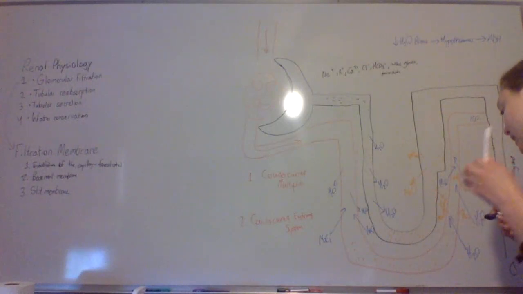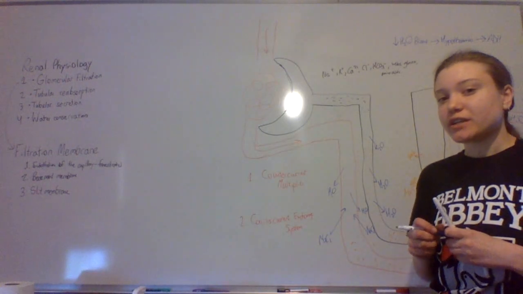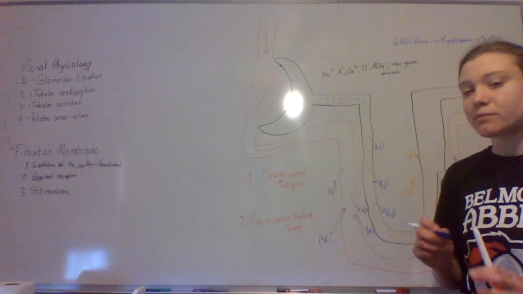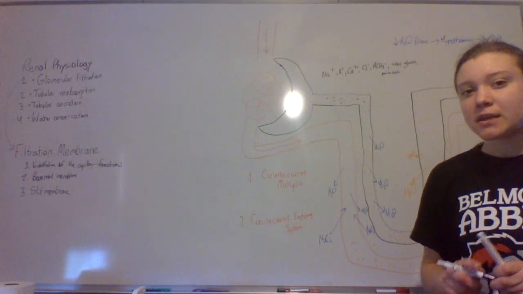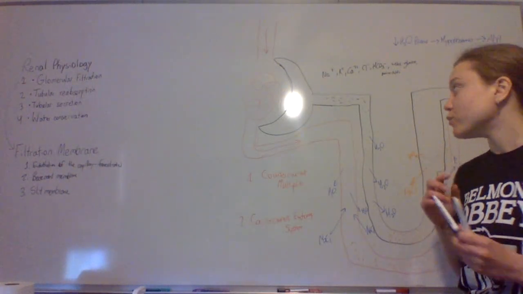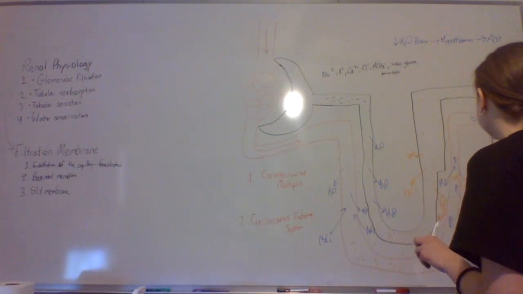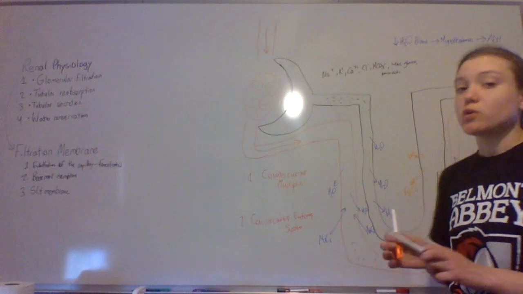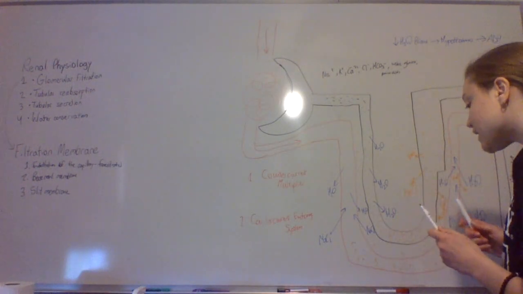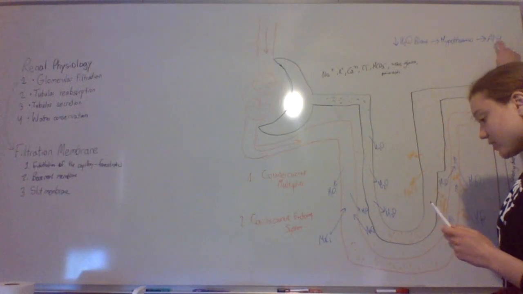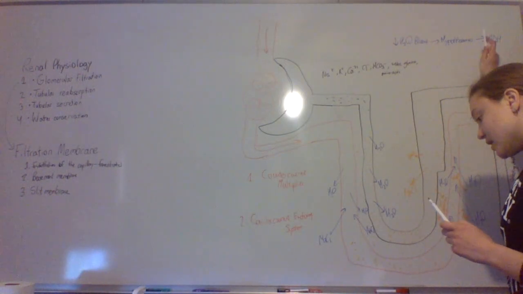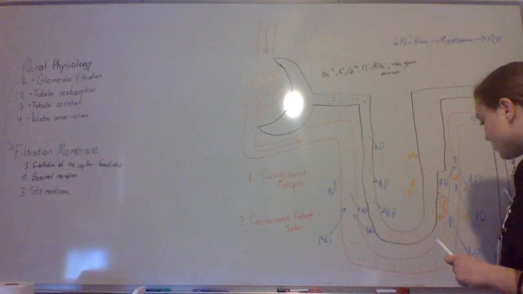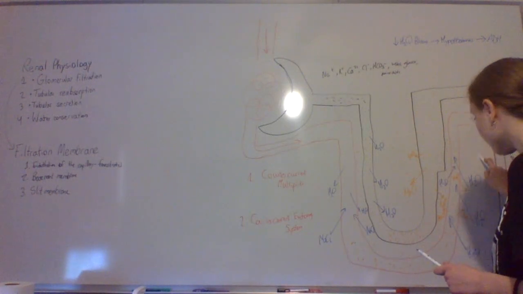Now, if urine is concentrated, meaning there are a lot of solutes in it compared to the amount of water, that means that you're dehydrated. You want to hold on to that water. So down here you have a lot more solutes compared to water. So antidiuretic hormone, which we mentioned up here, is secreted, and that makes the collecting duct down here reabsorb more water.